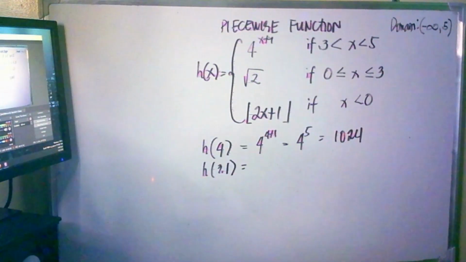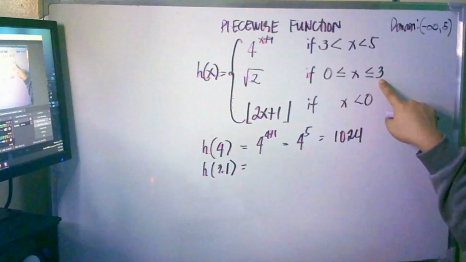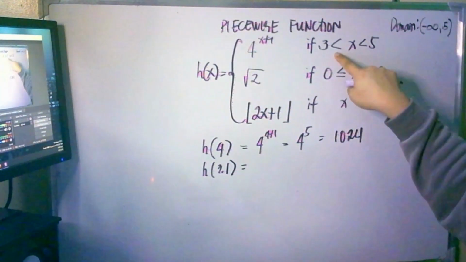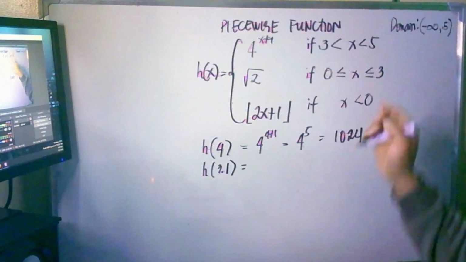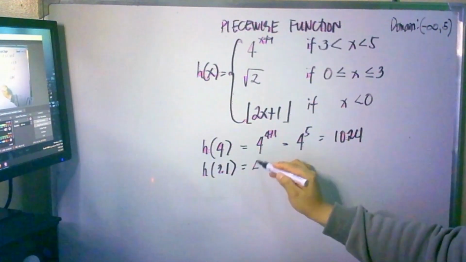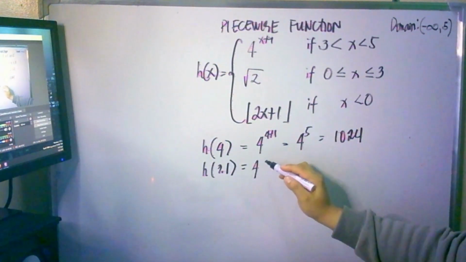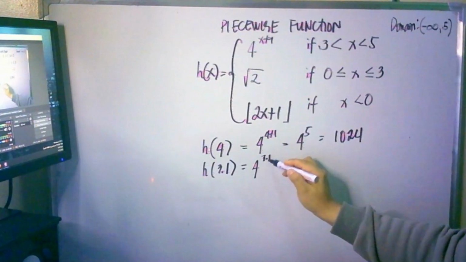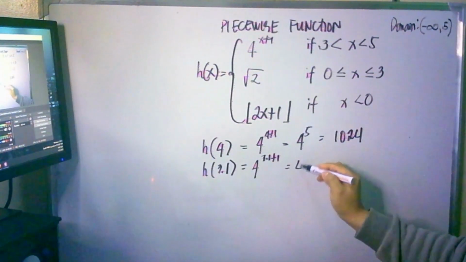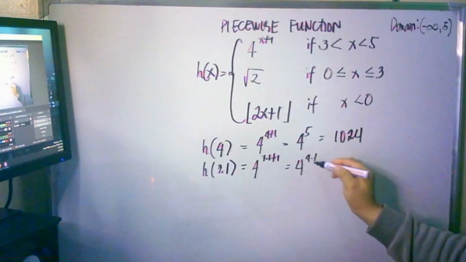What if we evaluate 3.1? Number 2, sir. Second piece, sir. Second piece. Ano ba ang 3.1? Is it less than 3? Greater than, sir. So first piece pa rin. First piece, sir. So our answer should be 4 raised to 3.1 plus 1. So 4 raised to 4.1.